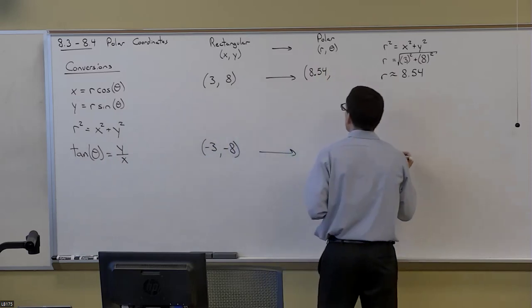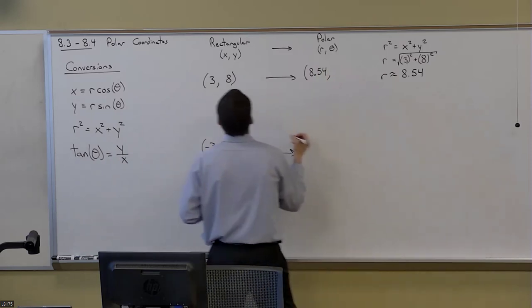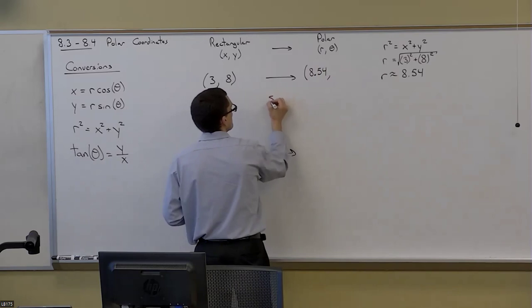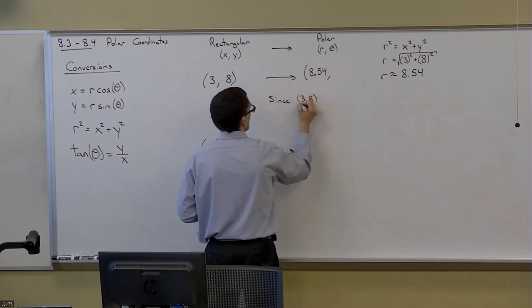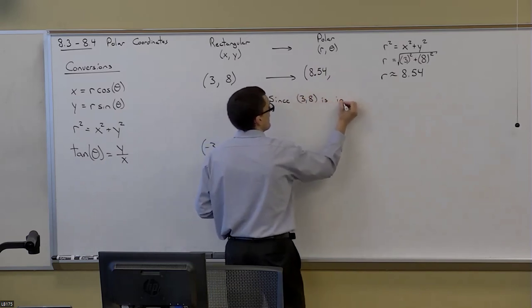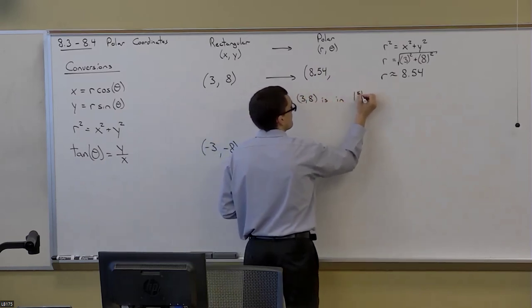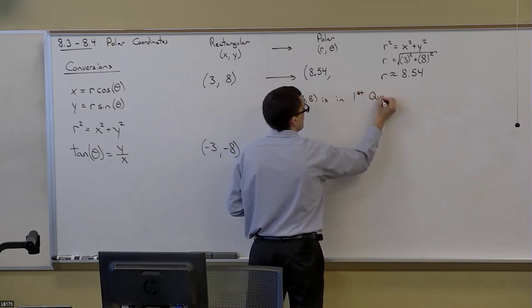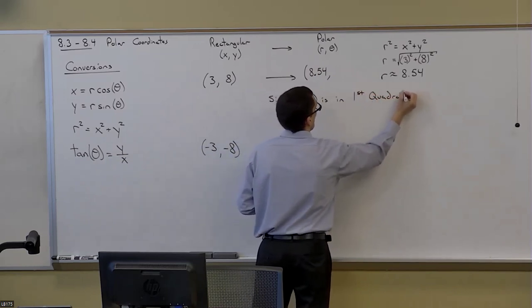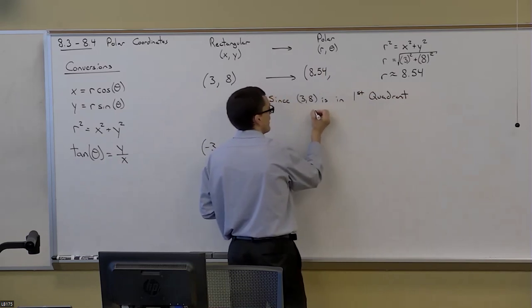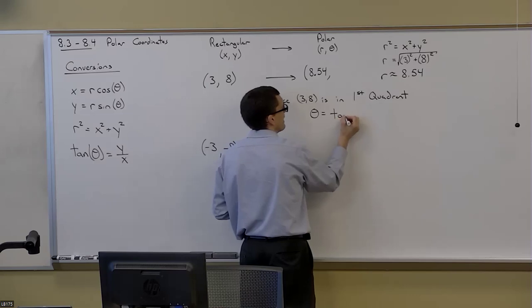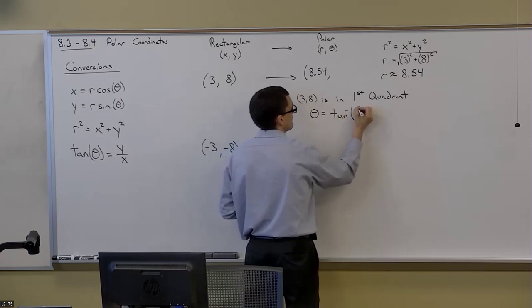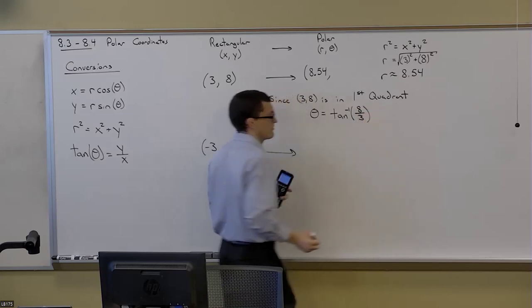Then I say, well, since 3, 8 is in the first quadrant, theta is simply going to be the inverse tangent of 8/3.